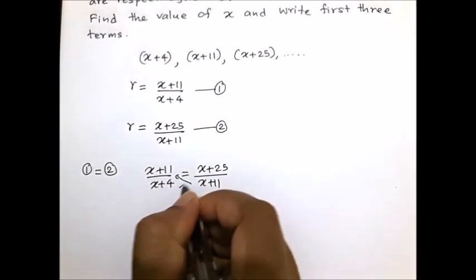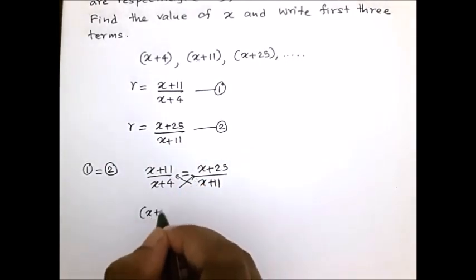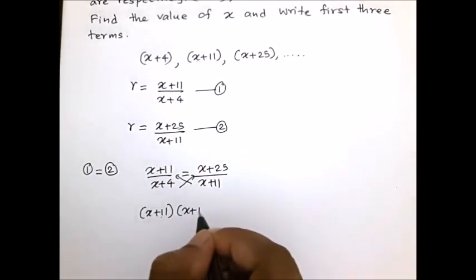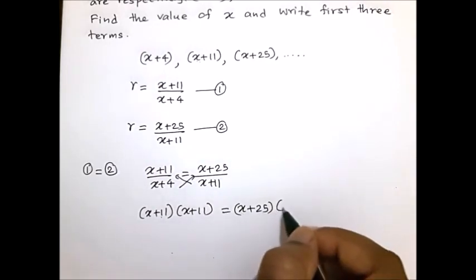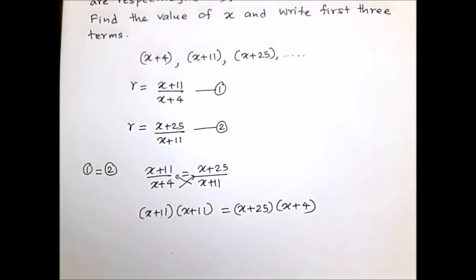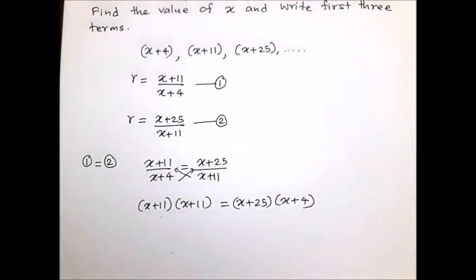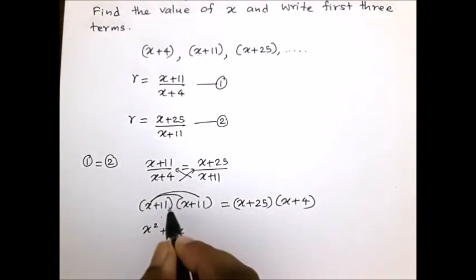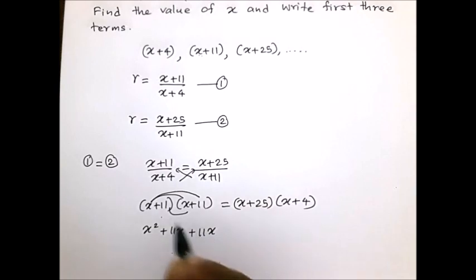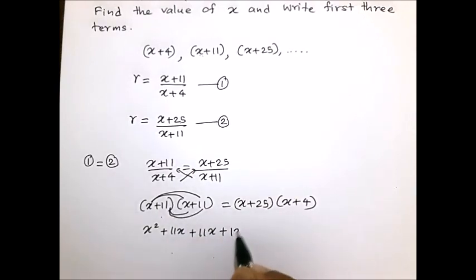Now use cross multiplication. (x + 11) times (x + 11) on the left, and on the right hand side (x + 25) times (x + 4). Now remove brackets. x times x, x²; x times 11, 11x; 11x; 11 times 11, 121.